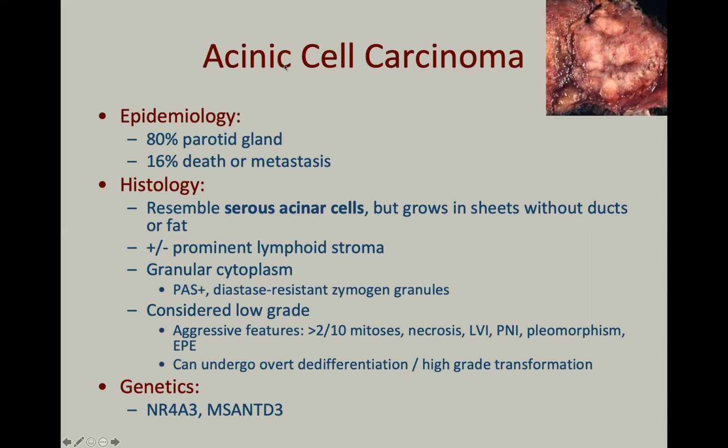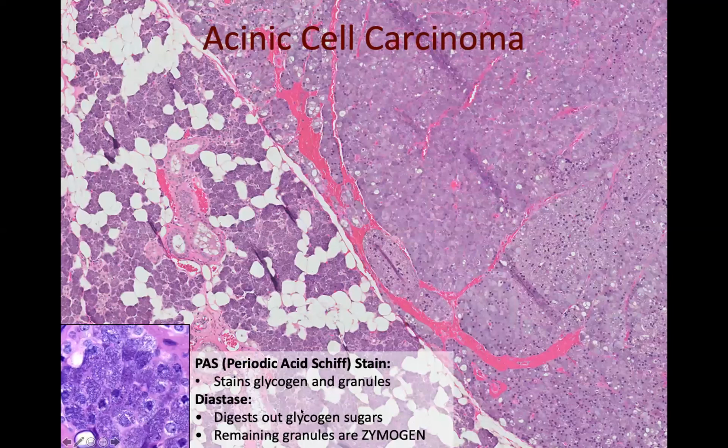You may see by the name that these tumors resemble serous acinar cells, and I will show you what that looks like on the next slide. Genes implicated are listed here. So you can draw a line between normal parotid on the bottom left and acinic cell carcinoma on the top right. The only difference is basically these are sheets of serous acinar cells, no fat, no ducts.